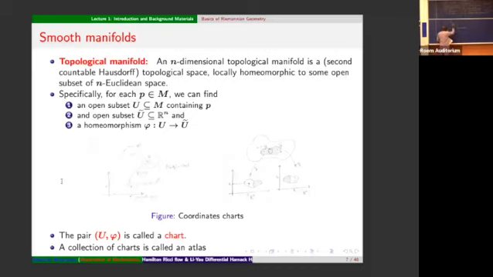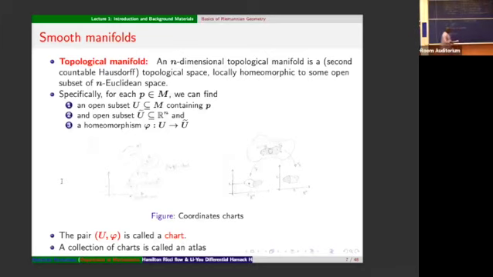I will put P just to show the neighborhood of P. So this is phi U of P, which is a subset of R2. The open set together with the map is what is called a chart.